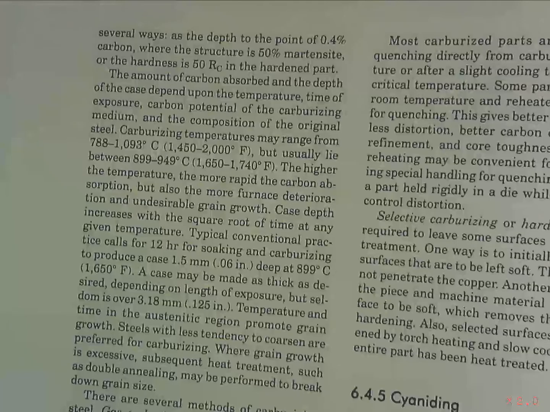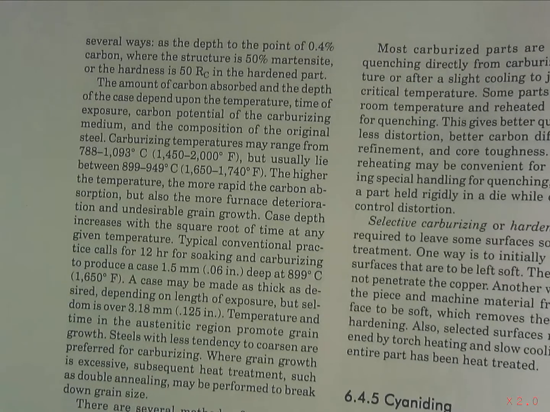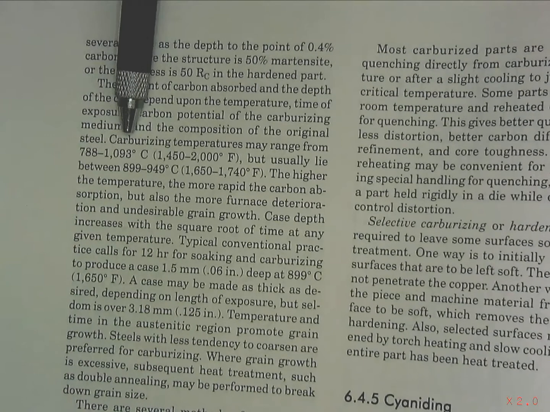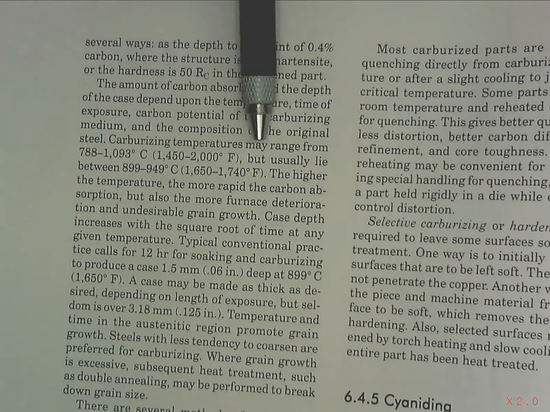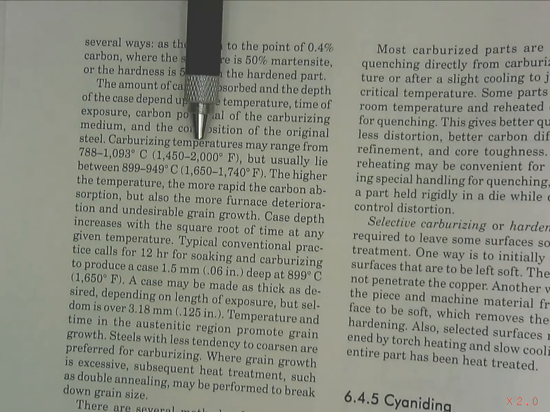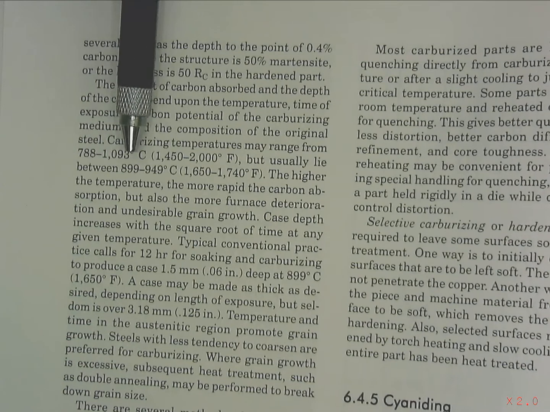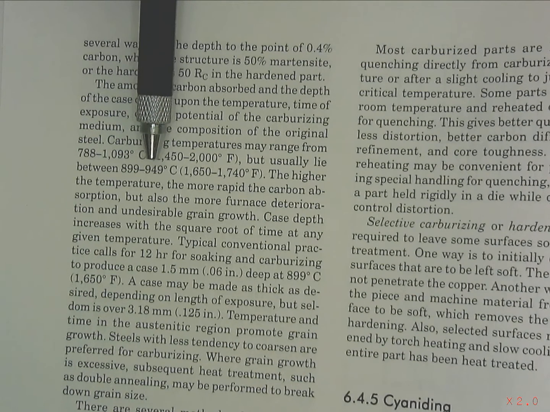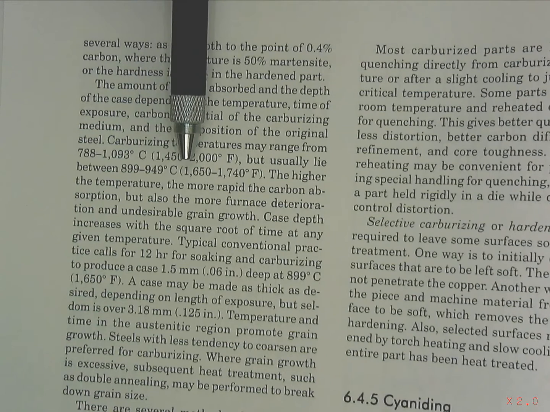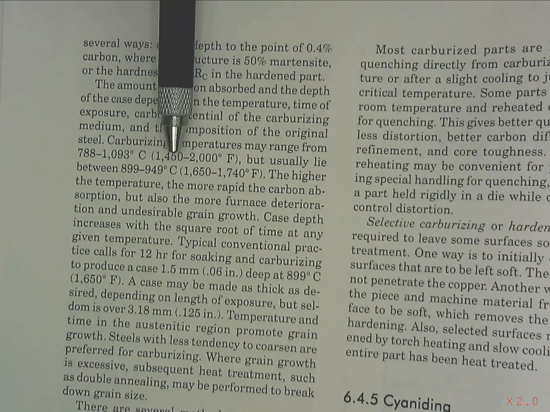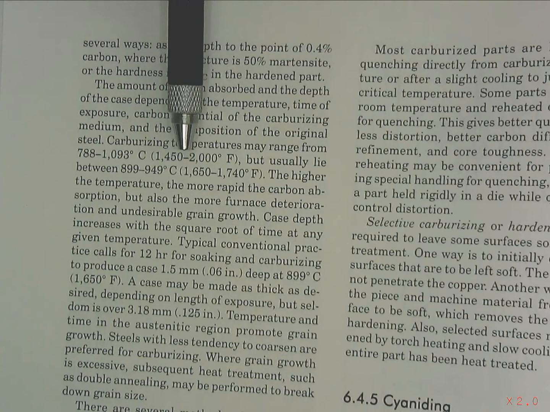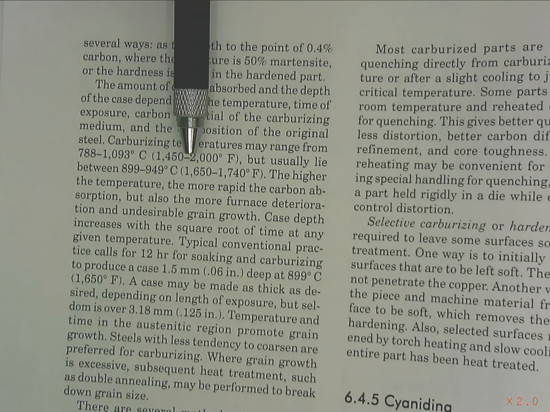Something to the effect of, carburizing temperatures may range from 788 Celsius to 1093 Celsius, but usually lie between 899 Celsius and 949 Celsius. Really, those are based on Fahrenheit. That's 1450 Fahrenheit to 2000 Fahrenheit, roughly.